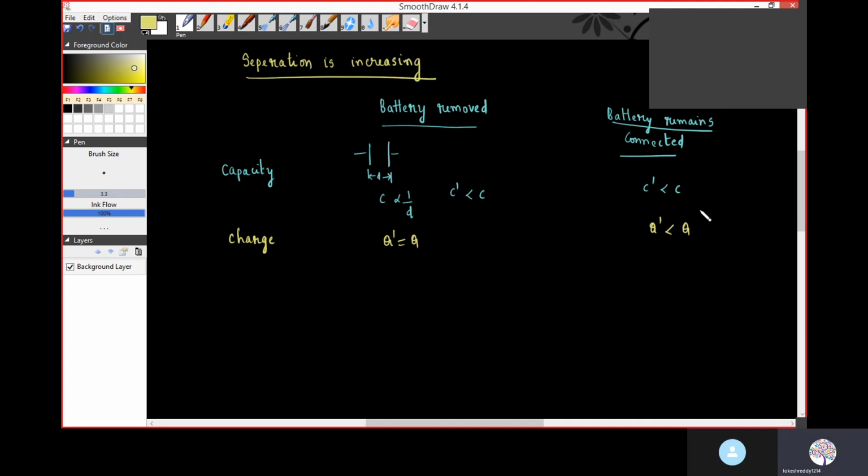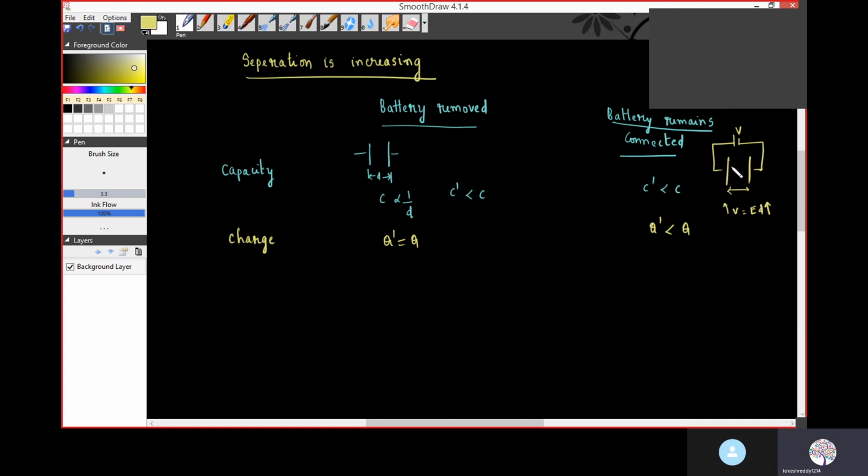Because when you are moving, when the distance between them is increasing, V is equal to E into D. If D is increasing, potential will increase. But when you connect it to the battery, it should have the same potential as that of the battery.